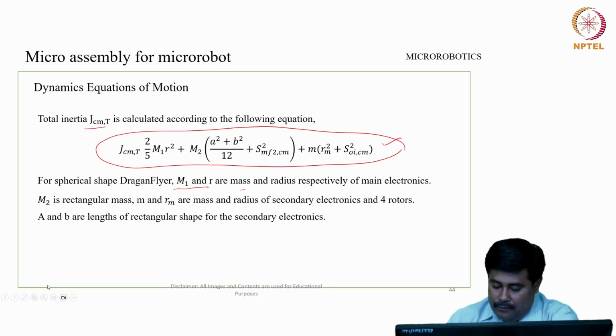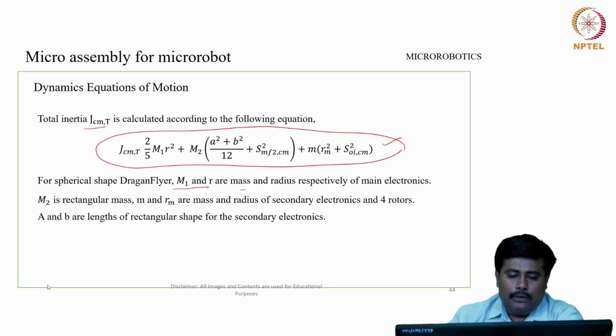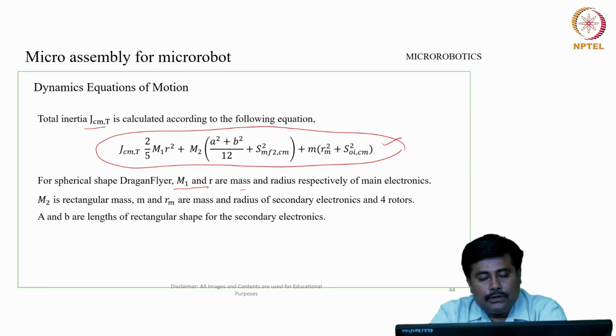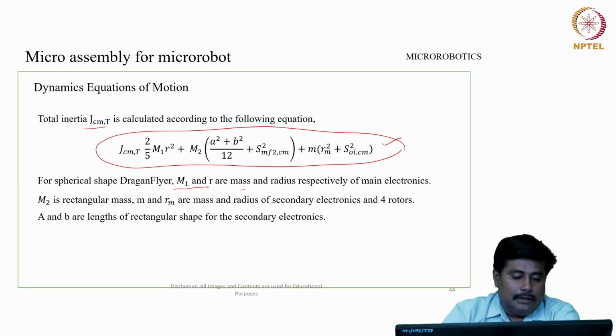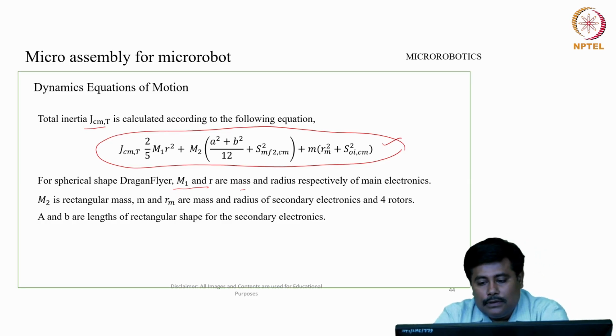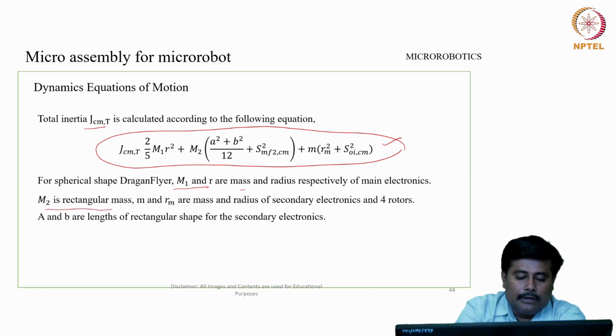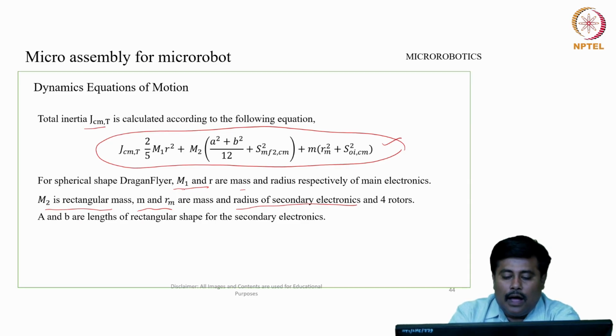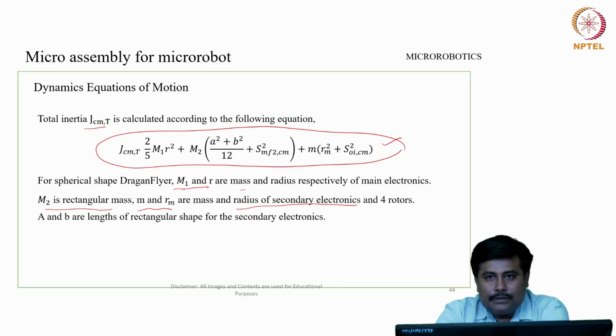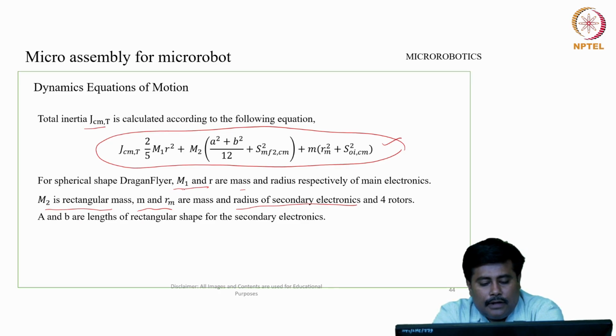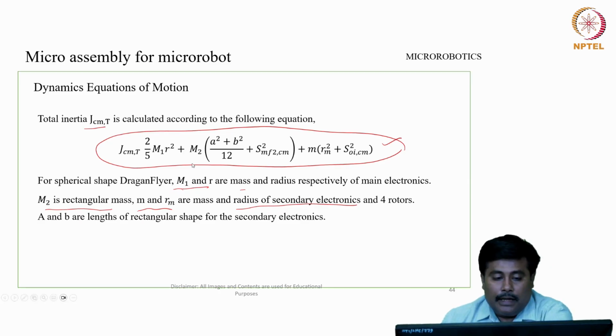In the dynamic equation of motion, the total inertia is represented by JCMT, calculated according to this equation, where it depends upon the rectangular mass M2, M and Rm contribute to it, and the radius of the secondary element. For a spherical dragonflyer, M1 and R are the mass and radius respectively for the main electronics. A and B are the lengths of the rectangular shape for the secondary electronics.